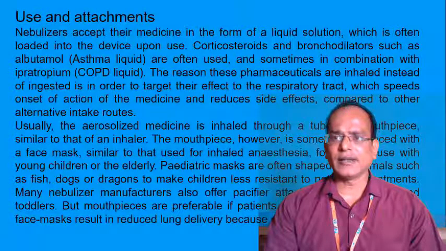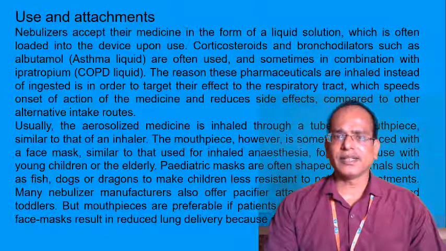Upon use, corticosteroids and bronchodilators such as albuterol, that is called asthma liquid, are often used for such kinds of diseases. So this is called pulmonary disease, lung diseases. So they are providing the asthma liquid. The name is albuterol.